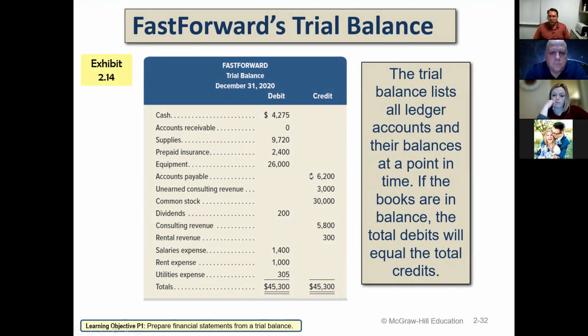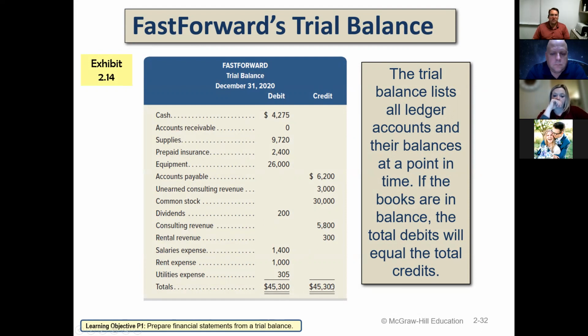So once we have this trial balance, you'll see the trial balance is always listed in this order. Here are all the asset accounts, then the liability accounts, then the equity accounts, then the revenue accounts, then the expense accounts. They're always listed in that same order. And then you'll see the balances, the debit balance equals the credit balance.